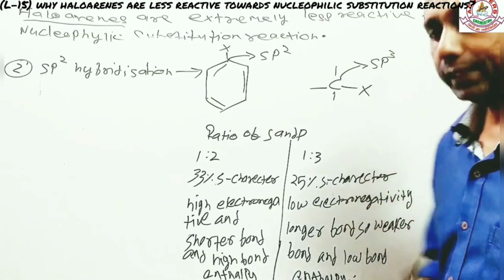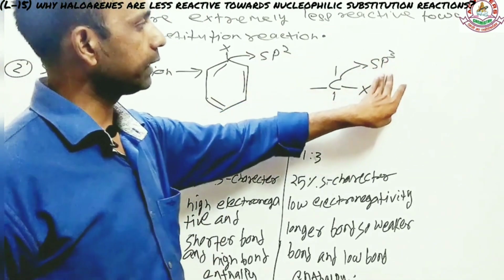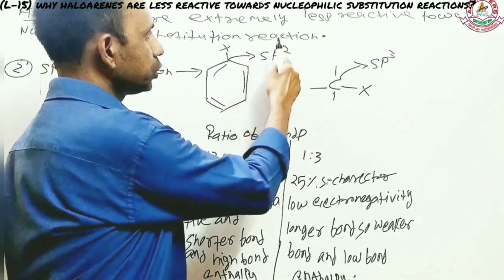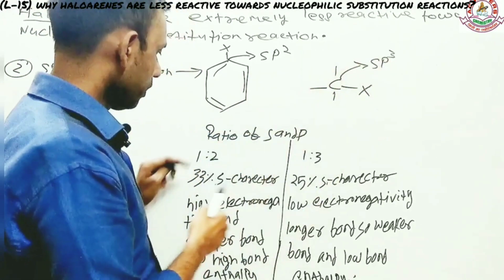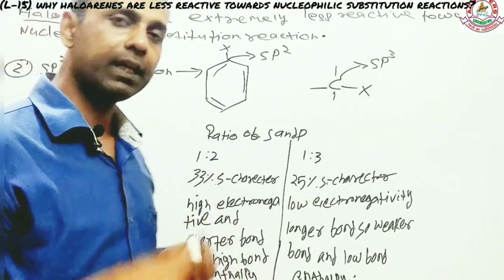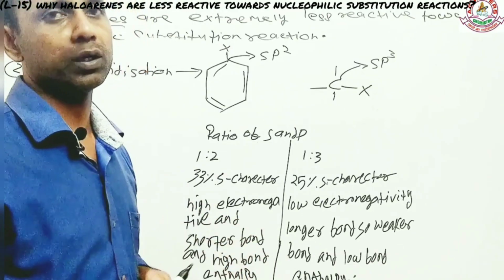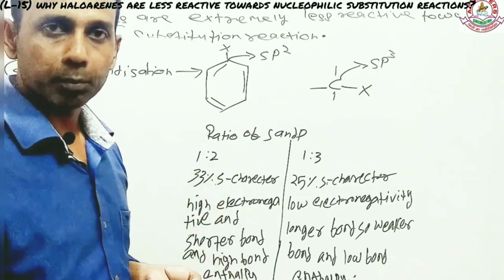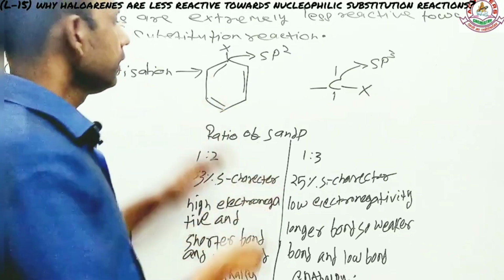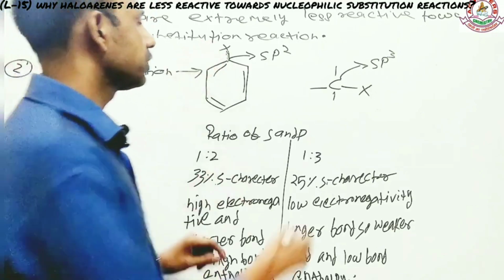Let me explain. In haloarene the hybridization is sp2, in haloalkane the hybridization is sp3. If you look at the S character, it is 1:2 here, but there it is 1:3. So there is 33% S character, but there only 25%. Higher the S character, higher the electronegativity; higher the electronegativity, shorter and stronger the bond, and the bond enthalpy becomes higher. So this bond is a very strong bond compared to this bond.